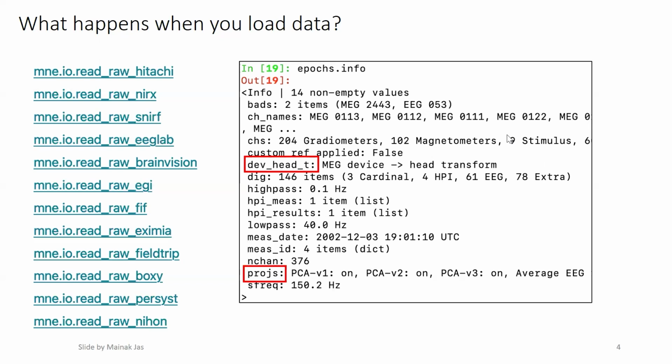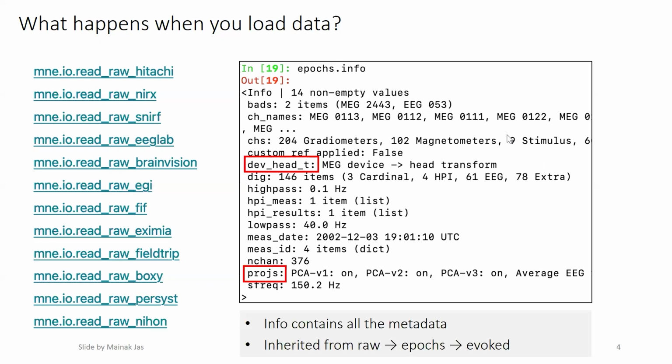These are really specific to SQUID, and we need to start thinking about how we do such things in OPM MEG. The info, by the way, can be inherited. When you read it into the raw object, and from the raw object you construct the epochs, the info gets inherited as you churn through the different stages of your pipeline.